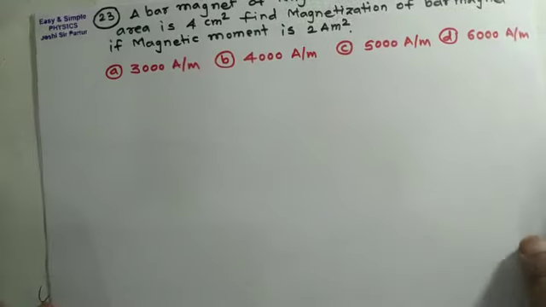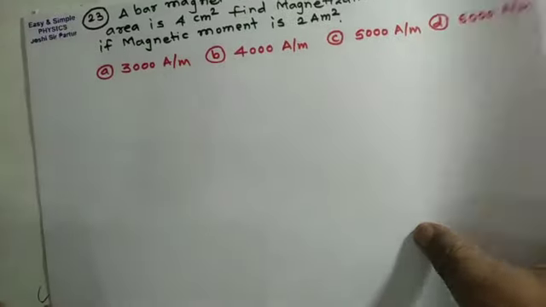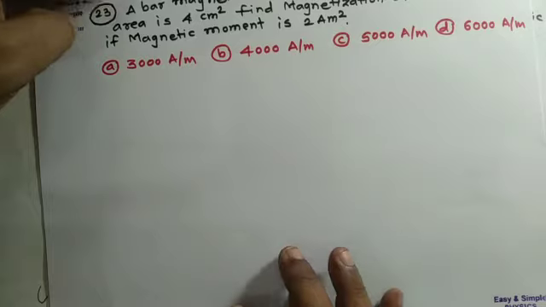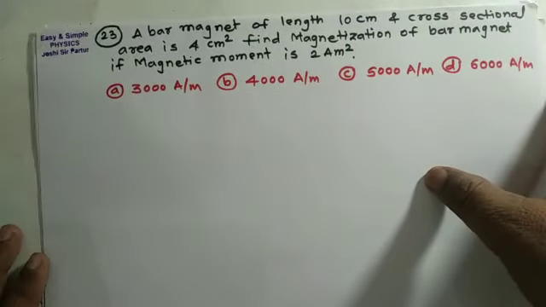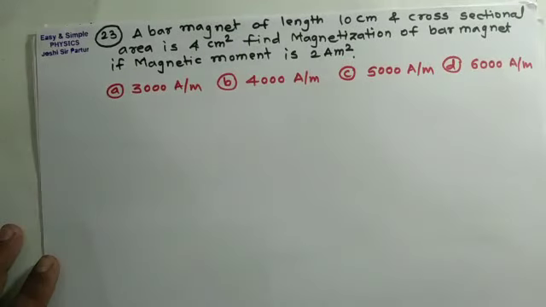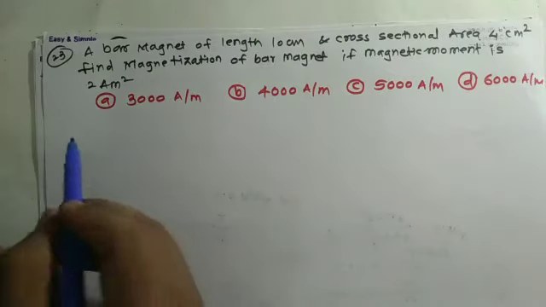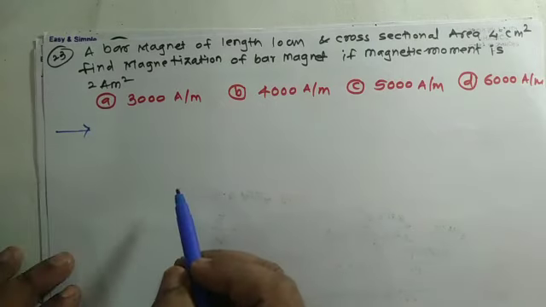Again, a bar magnet of length 10 centimeter and cross sectional area 4 centimeter square is given. Find the magnetization. In such questions we can solve here.